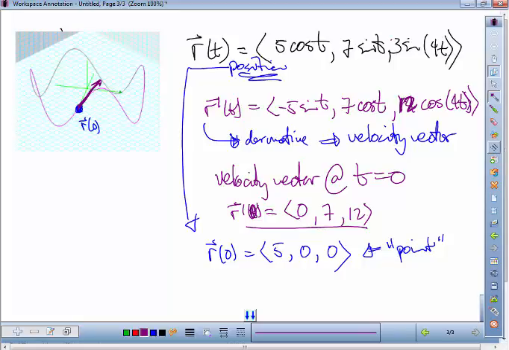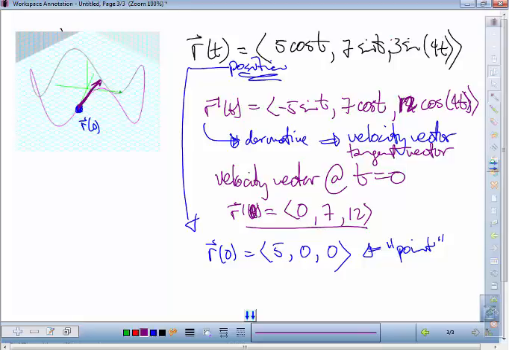So the position is the point, and then you take the derivative of that, the tangent vector. Yes. So the velocity vector, we can also call a tangent vector, yet another name for this, because it literally will give you a vector that is tangent to the curve at that particular point. Okay?